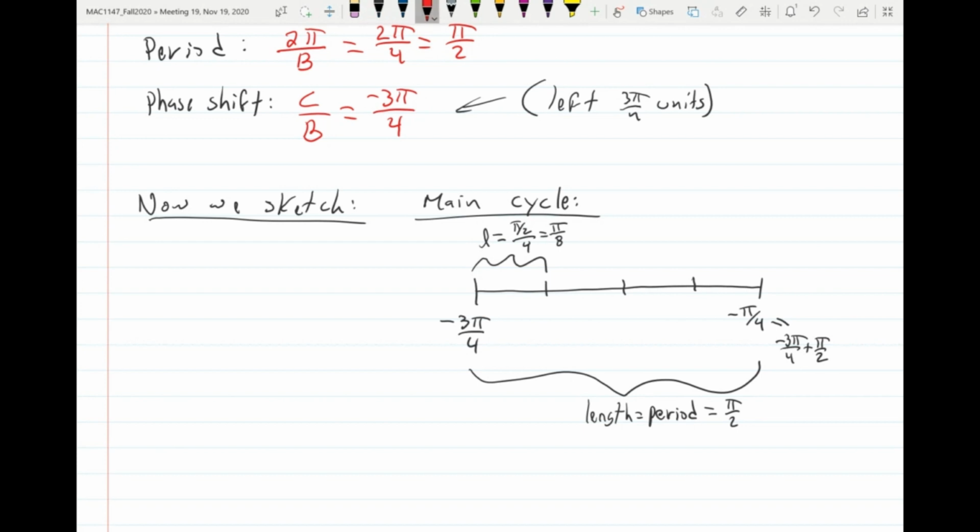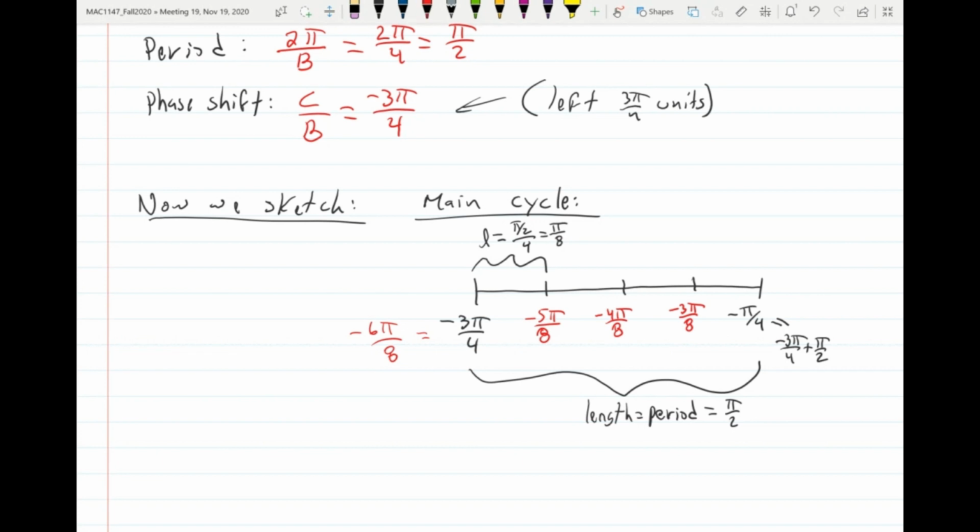So this left endpoint is the same thing as, multiplying top and bottom by 2, negative 6 pi over 8. So now you can figure out the numbers quicker. If you add pi over 8, you get negative 5 pi over 8. You add pi over 8, you get negative 4 pi over 8, then negative 3 pi over 8. And if you add another one, you get negative 2 pi over 8, which cancels to negative pi over 4.